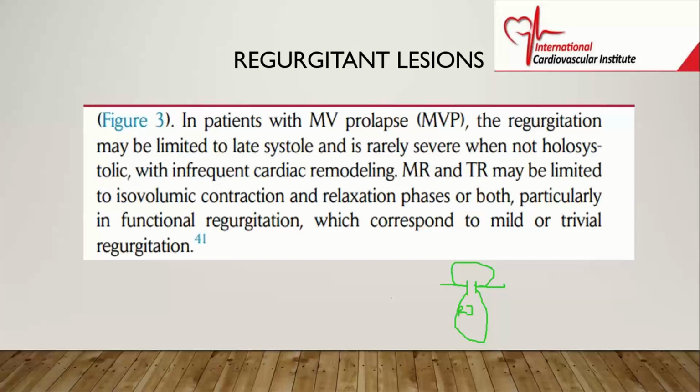Because remember, when we talk about severe mitral regurgitation, we're talking about a certain volume of blood going back into the atrium. If it's only a part of systole, then you might not get that volume. The volume is not going to be there to define severe regurgitation. So MR and TR may be limited by isovolumic contraction and relaxation phase, particularly when you're talking about functional MR.